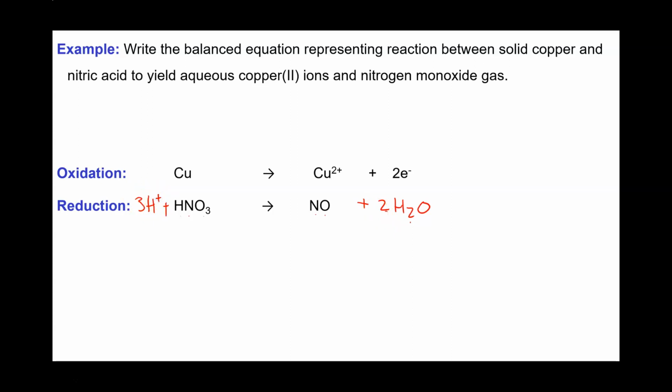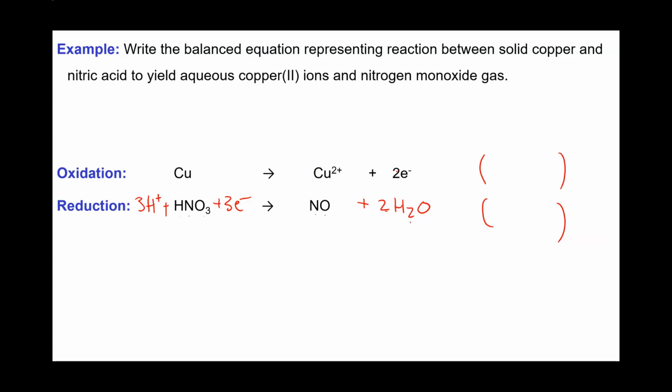Now I've got to balance for charge by adding electrons. So on the left, I've got a 3+ charge, and on the right, I've got 0 charge. So I always add electrons to the more positive side. So I need to add 3 electrons over here. So what I need to do now is make sure that the electrons being lost in my oxidation equal the electrons being gained in my reduction. And they don't.